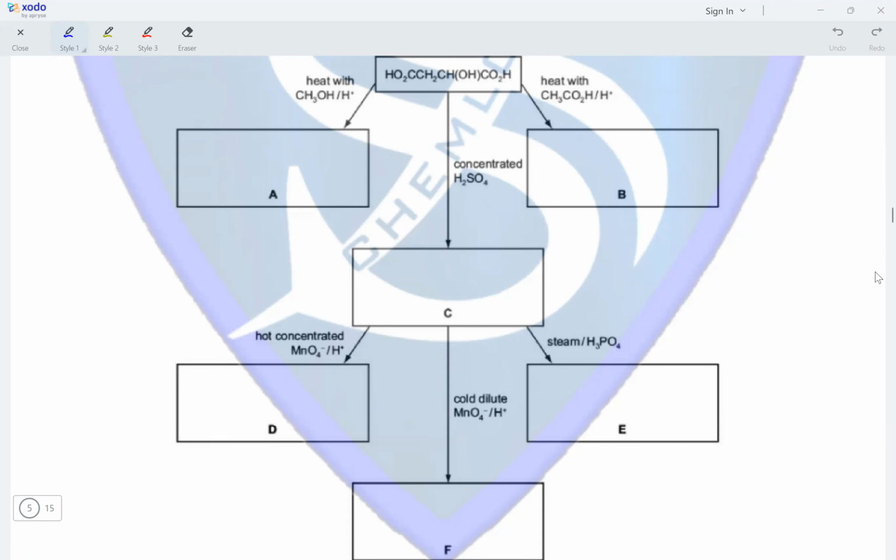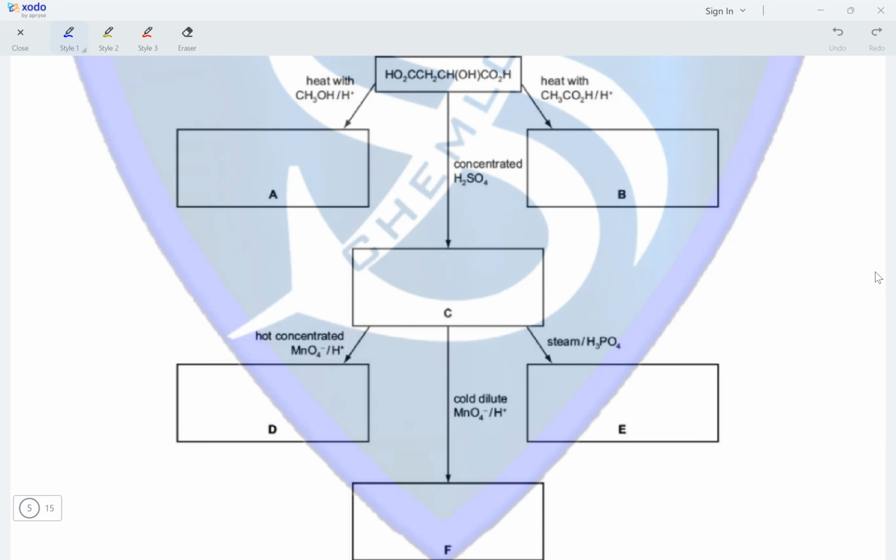Here is the complete organic synthesis pathway for malic acid. So starting with A, we are heating malic acid with CH3OH. Now CH3OH is methanol, and methanol would react with the carboxylic acid groups of malic acid and form esters.